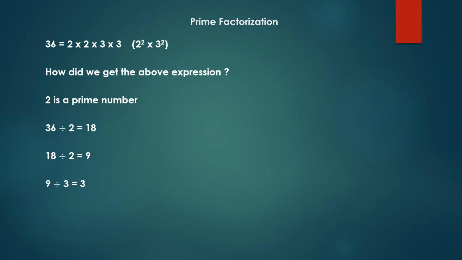So when I divide 9 by 3, I get a quotient of 3, which again I divide by 3 and I get a quotient of 1. Thus 36 has 2 prime numbers of 2 and 2 prime numbers of 3. Hence 36 equals 2 into 2 into 3 into 3.